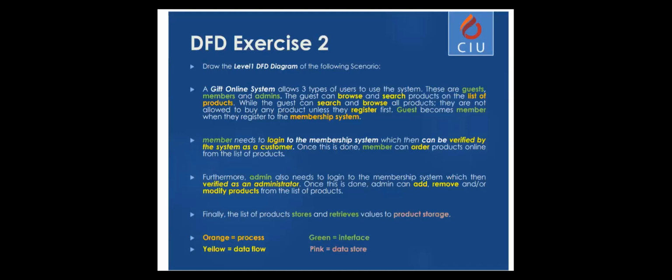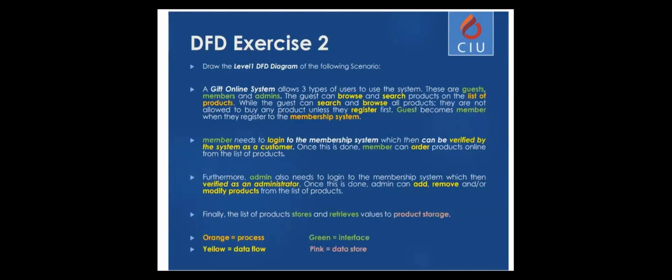A guest becomes a member when they register to the membership system. The membership system basically requires a login interface, and when they log into the system successfully, they are verified by the system as a customer.